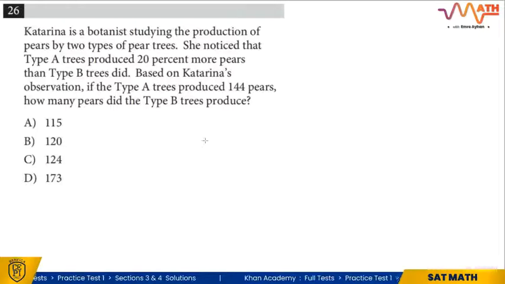To find A, we multiply B by 1.2 for 20% more. So to find B, I have to divide A by 1.20. A is given as 144, divided by 1.2 gives me B, which is going to be 120.